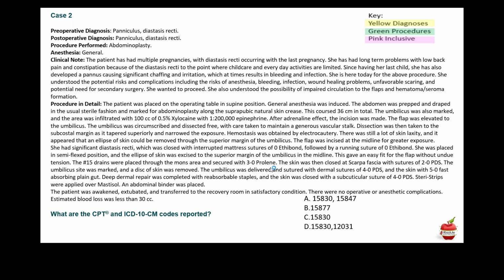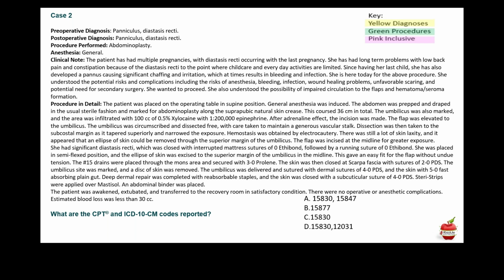The 15 drains were placed through the mons area and secured with 3-0 Prolene. The skin was then closed, Scarpa's fascia with sutures of 2-0 PDS. The umbilical site was marked and a disc of skin was removed.